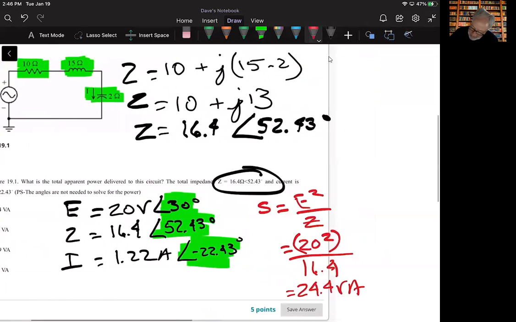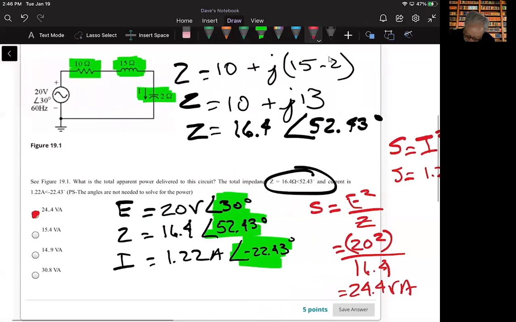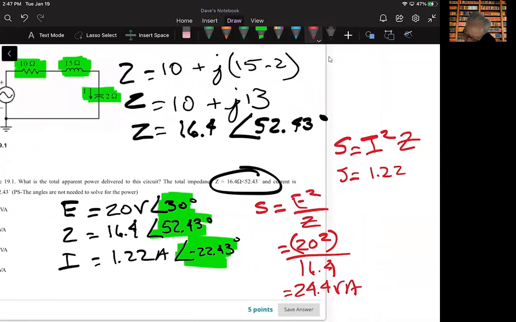Another way I can work this is I know that power is equal to the current squared times the impedance, or current squared times resistance back in that old world. So again, if I know the current is 1.22, which is given to us here, I square that value and multiply it by the Z number, the impedance of 16.4, and I'll also get 24.4 volt amps.